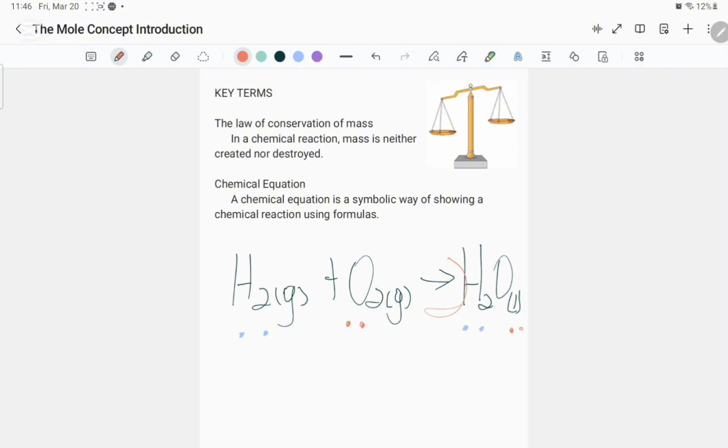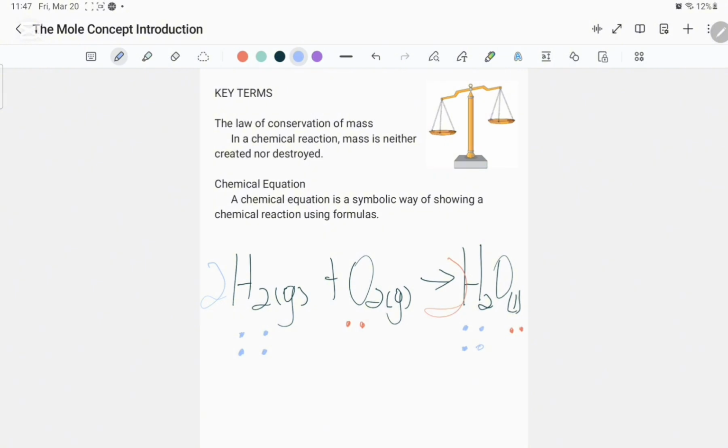Now we have 2 oxygen, balancing off the oxygen. However, we now have 4 hydrogen atoms to 2 hydrogen atoms on the reactant side. We could simply add a 2 in front of the hydrogen on the reactant side, and then this reaction will be balanced.